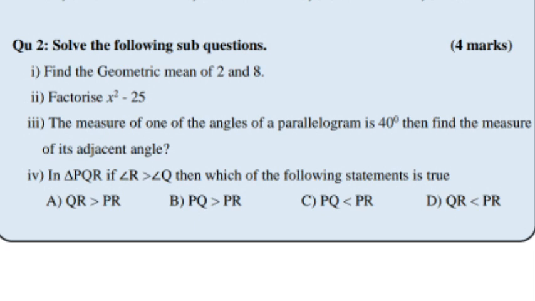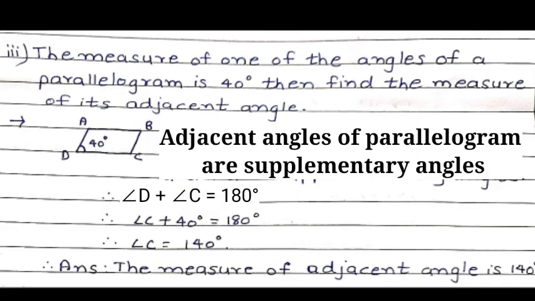Now next question, question 3. The measure of one of the angles of a parallelogram is 40 degree. Then find the measure of its adjacent angles. So friends, first draw a figure of any parallelogram and mark any angle as 40 degree. And after that, let's solve our question.